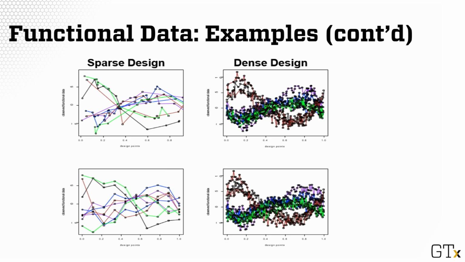This is particularly the case when the design of time points is sparse and or the functions are observed with high measurement error. Thus, the difference between classic time series analysis and functional data analysis is that in classic time series analysis, we draw inferences on a time series given past history alone, whereas in functional data, we make inferences with the aid of repeated realizations of the same or similar processes.